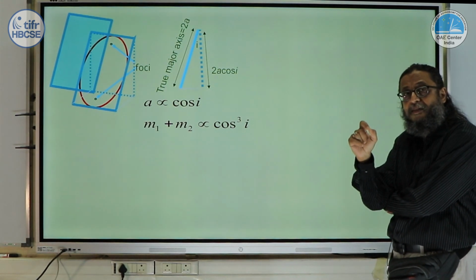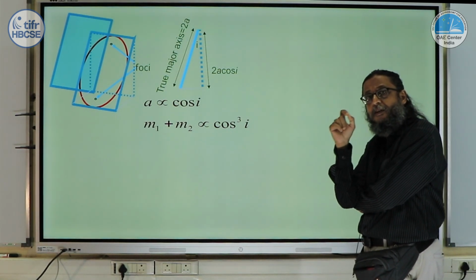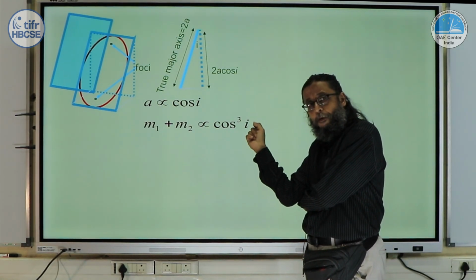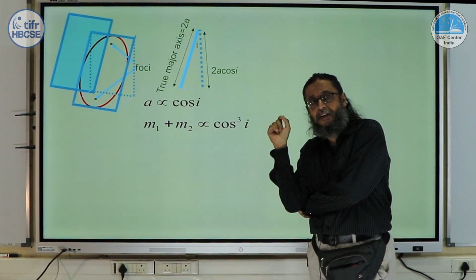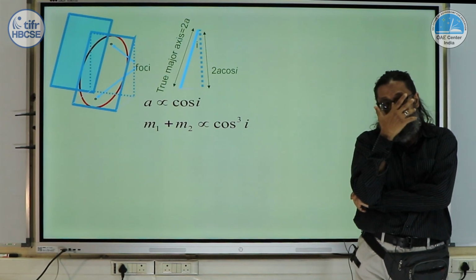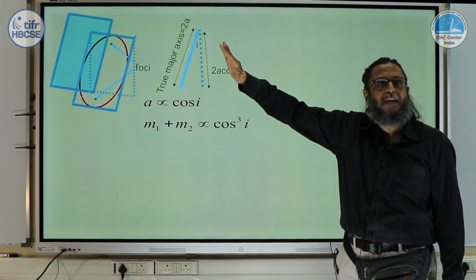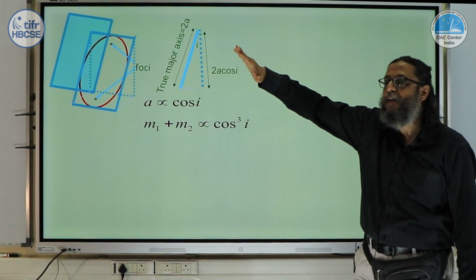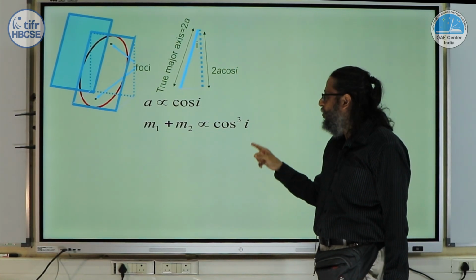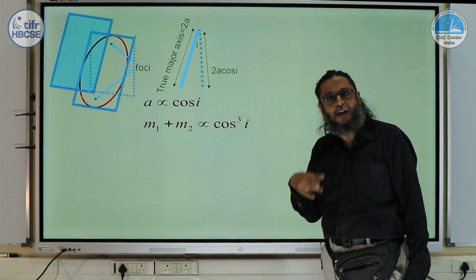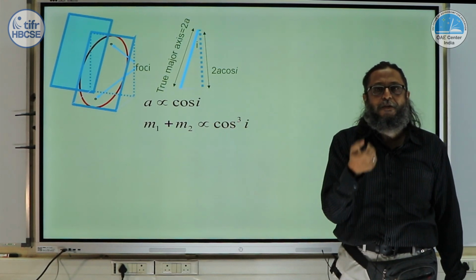And it is the most difficult component to measure directly, because you have no visual indicator of what the angle is. So this is a quantity that you normally infer after fitting the data.